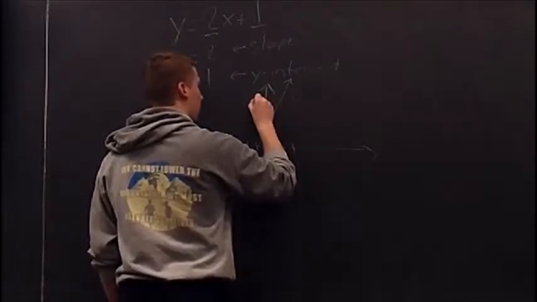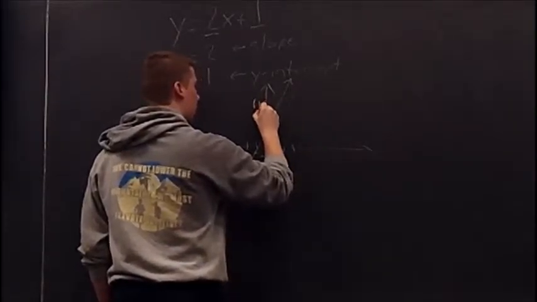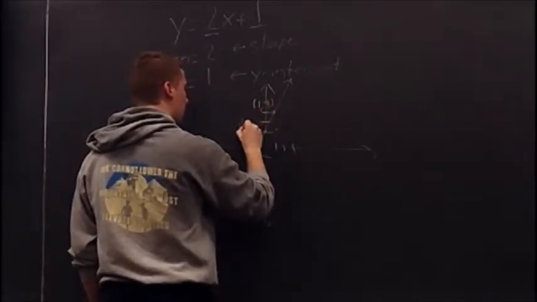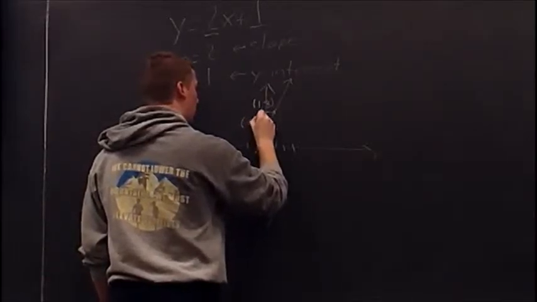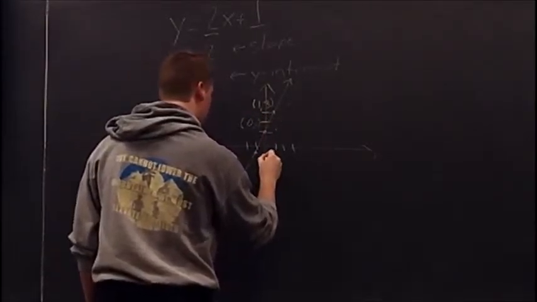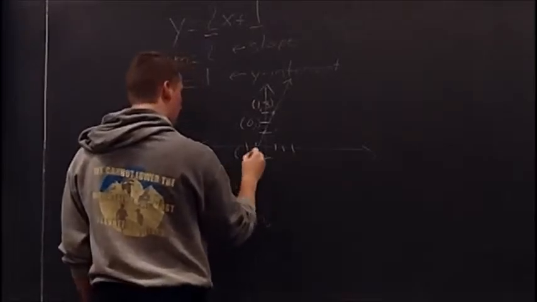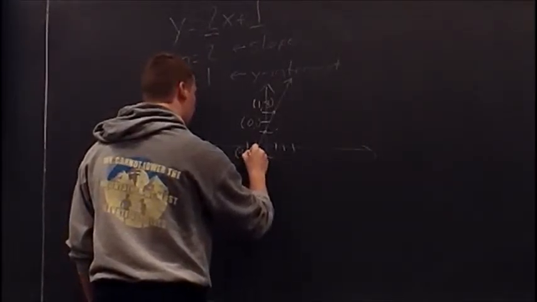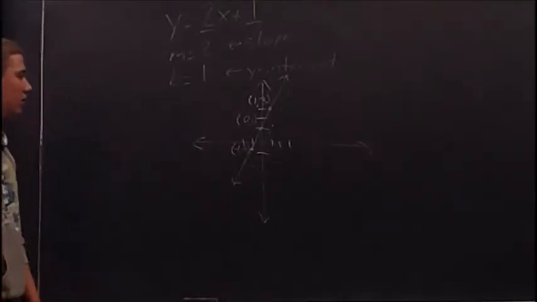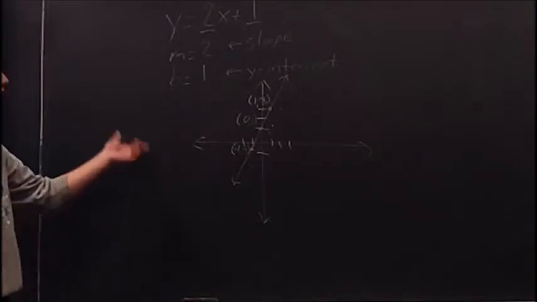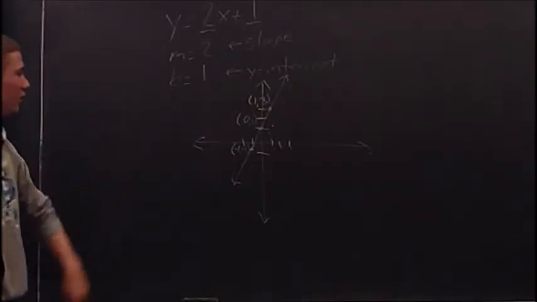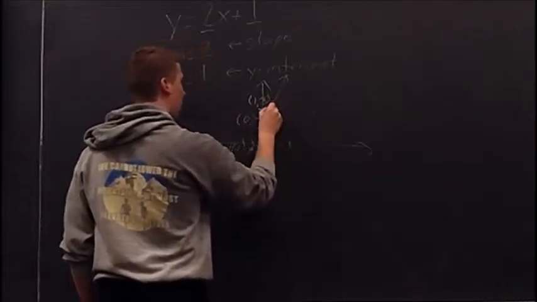So we had 1, 3, that's 0, 1. And then we've got -1, -1. Perfect. Now, if we reflect it over the line y equals x, we get our new coordinates. This coordinate becomes 3, 1.